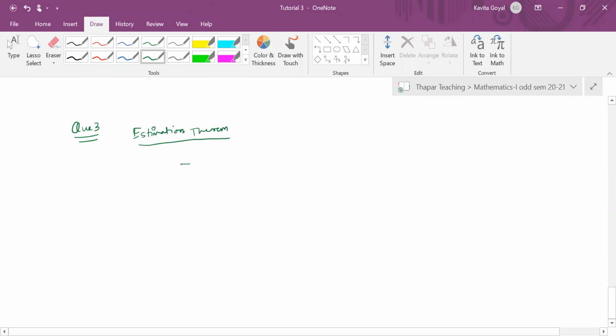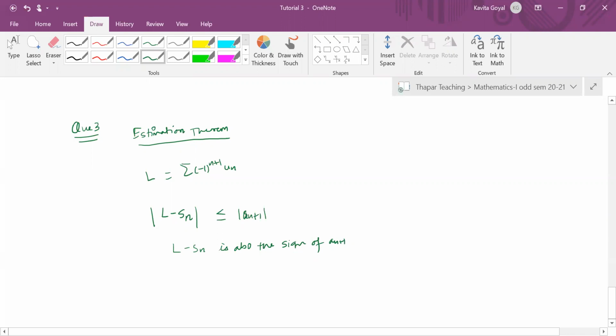It says that suppose you have an alternating series and the exact sum is L. If you take the first n terms, then the error is less than or equal to the mod of the next first discarded term, which is the n plus 1th term, and the sign of L minus Sn is also the sign of an plus 1. Is that okay?